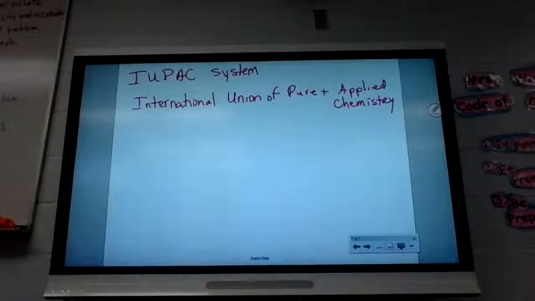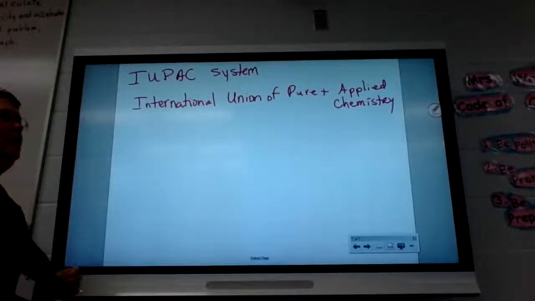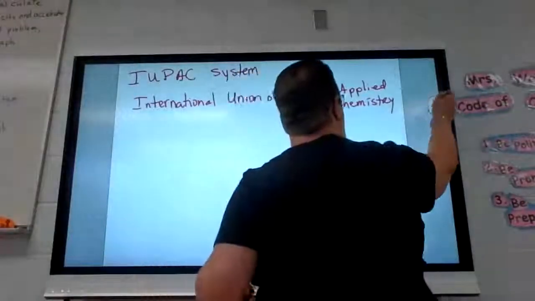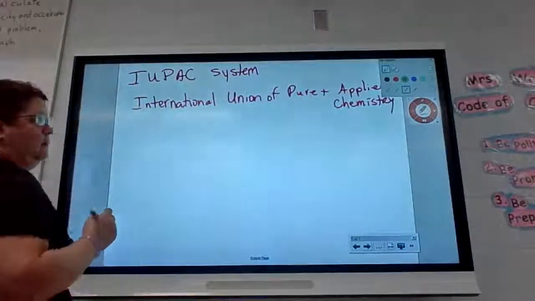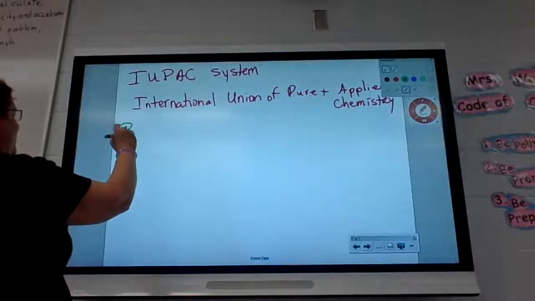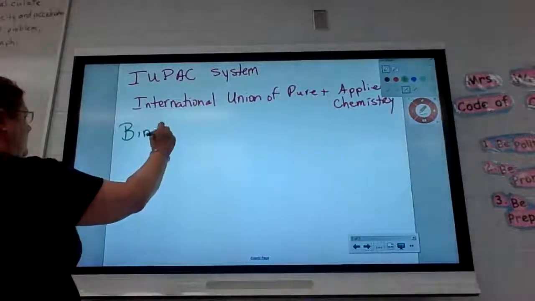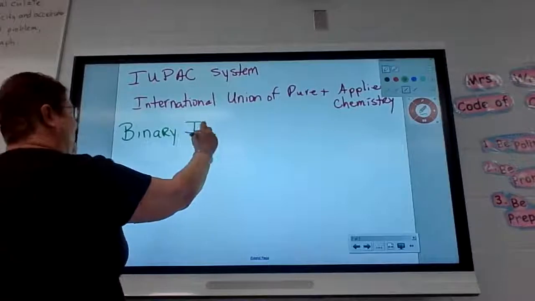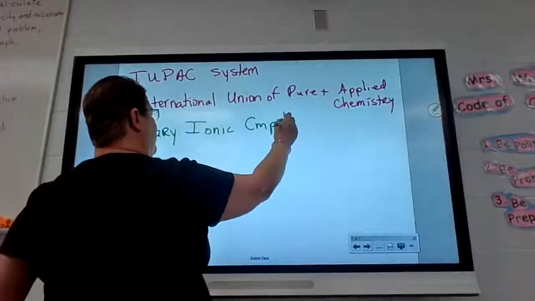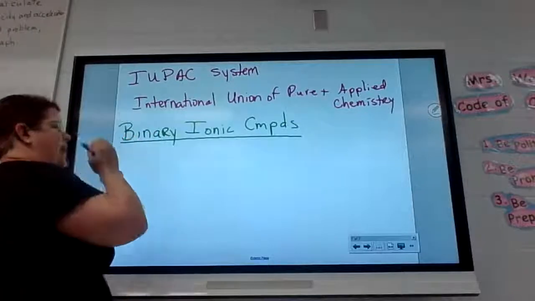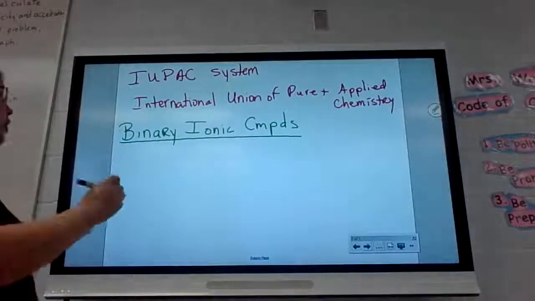All right? So we're going to start easy. In math class, what does binary mean? I love y'all. Y'all must be all right in math class. Yes. We're going to start with binary ionic compounds. All right, so we're going to start easy.